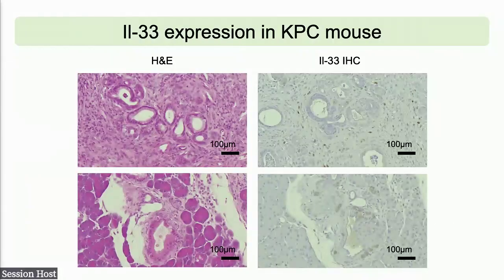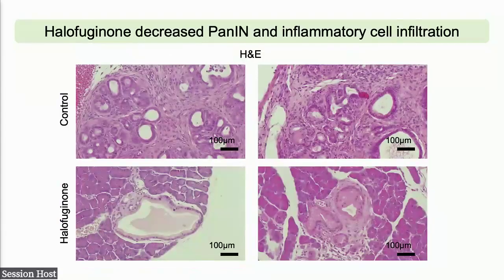And immunohistochemistry for IL-33 detected IL-33 positive PanIN-forming cells and PanIN-surrounding cells in KPC mice. And as shown in this slide, 4 weeks of halofuginone treatment reduced inflammatory cell infiltration around PanINs in KPC mice.